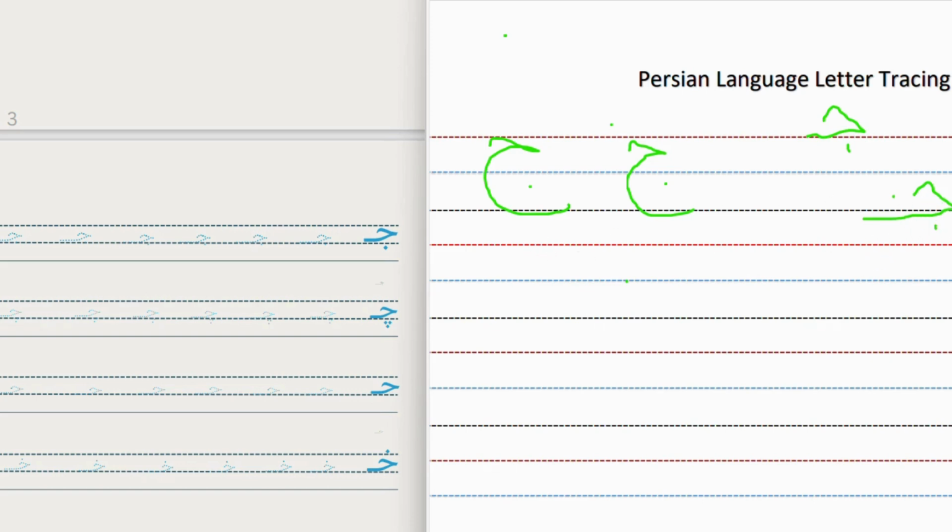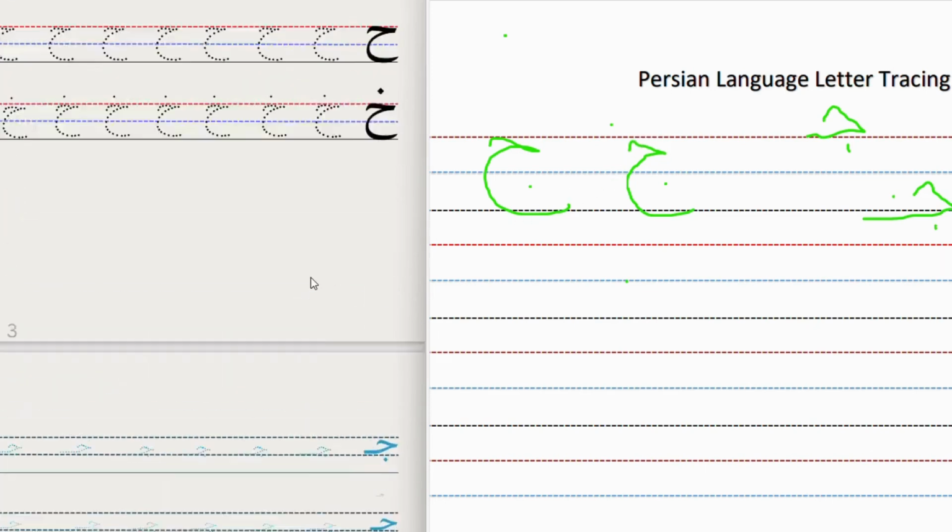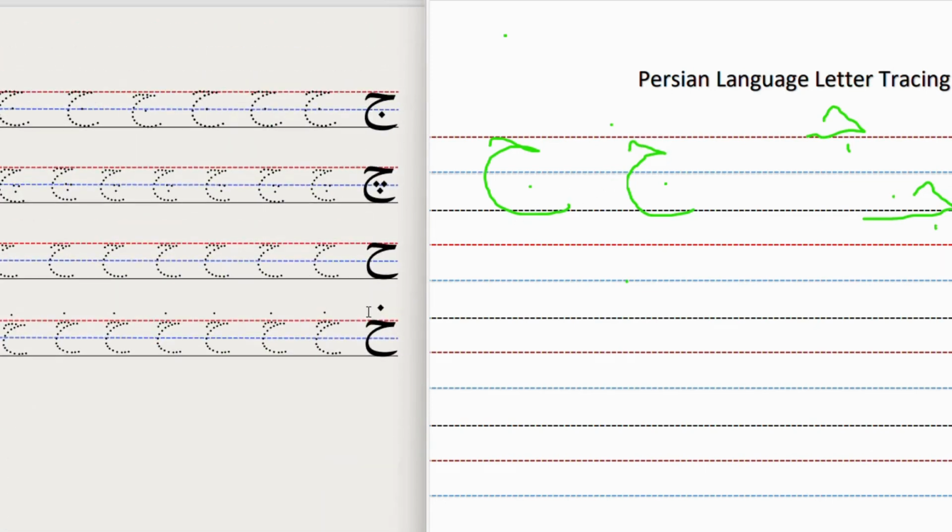So that is J. This is a small J. This is actually the long J. The rest are the same. You see, the rest of these letters are the same. I know it might be challenging. The point is you need to practice. As you know, practice always makes perfect.